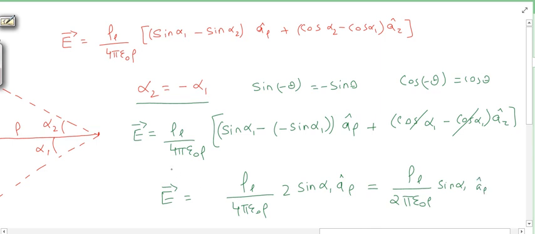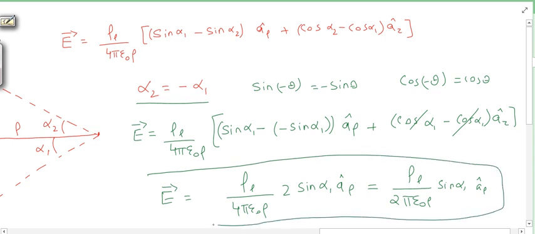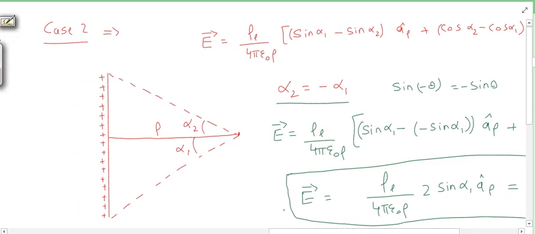So this is the formula when the field point is like that, if the perpendicular distance is bisecting the line charge. So these angles become like this.